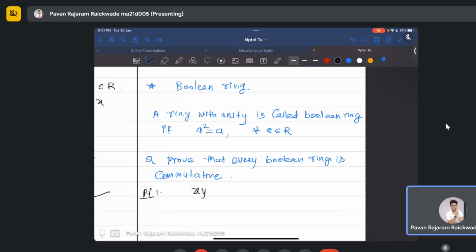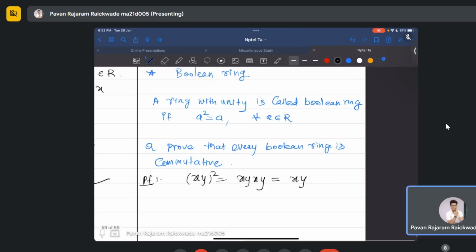So what I have is (xy) squared, which is xy times xy, is the same as xy, right?